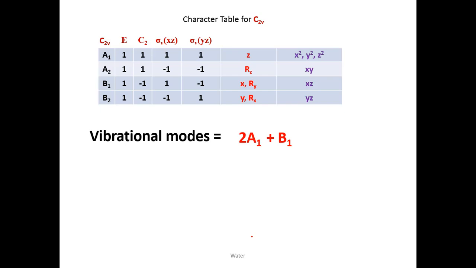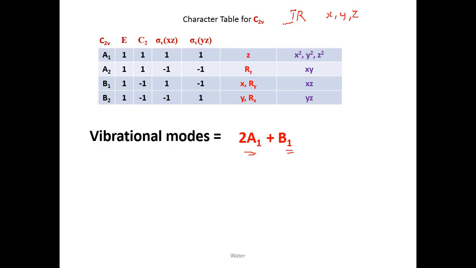Now we have to find out which of these vibration modes are IR active and which are Raman active. For the IR active modes, we look for the terms x, y, z, the Cartesian terms in the character table, against 2A1 and B1, that is A1 and B1.